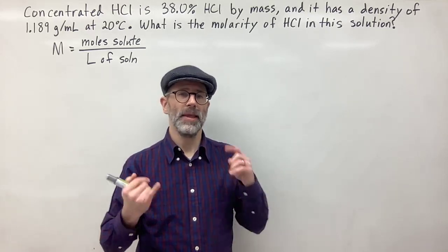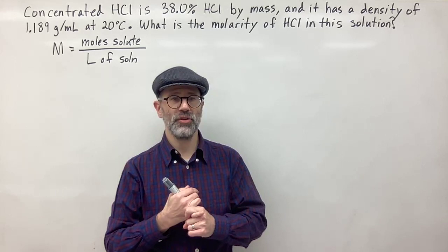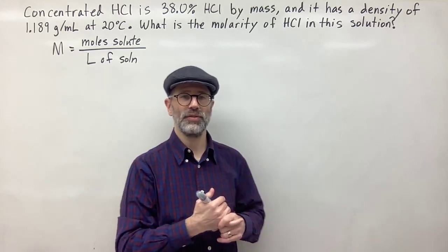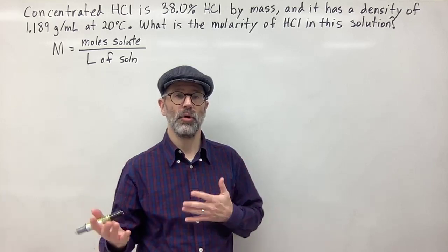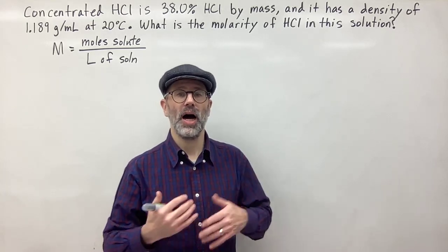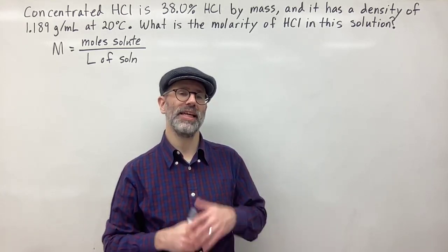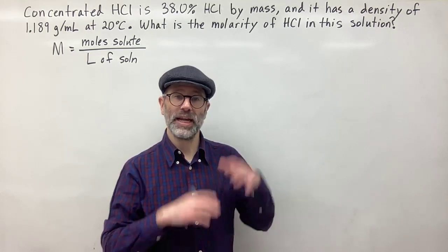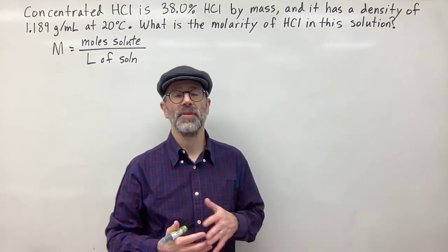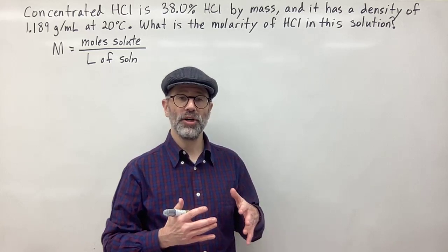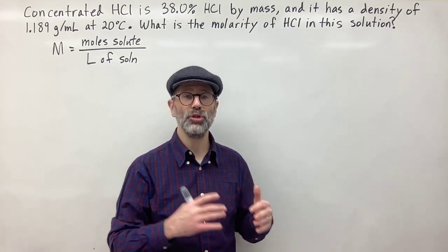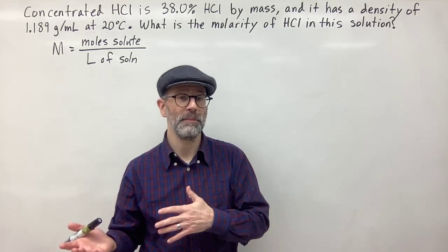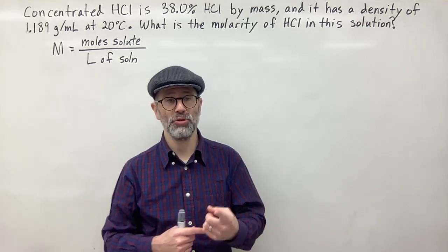If we could find the moles of the solute and then find liters of solution, we can just divide that and we get the molarity. Another way we could do it is if we're given a ratio already, then we could convert the top and the bottom portions of the ratio to the units that we want. And that's what I'm going to do for you today.